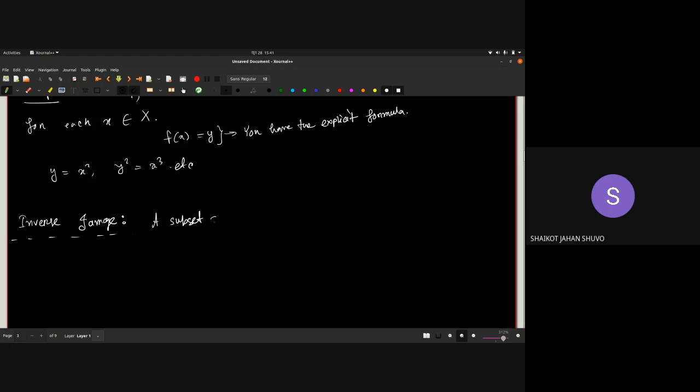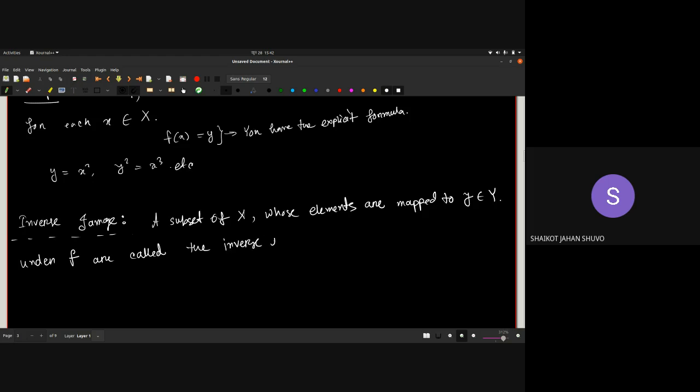A subset of X whose elements are mapped to some y that belongs to capital Y under f are called the inverse image of y, and we denote it by f inverse of y, equals x belonging to capital X such that f of x is equal to y.